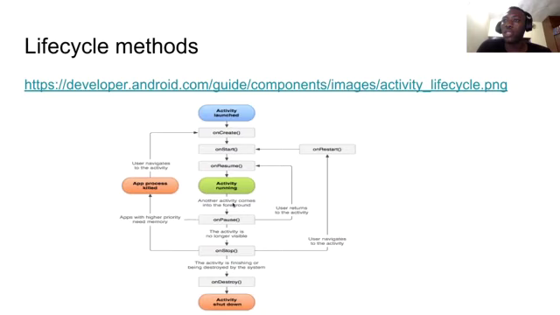So why do we need all of this? If you look at the signature of the method, as it is in the documentation, you will see that most of these methods, for example the onCreate method, has a parameter which contains the bundle that contains the states of the application.